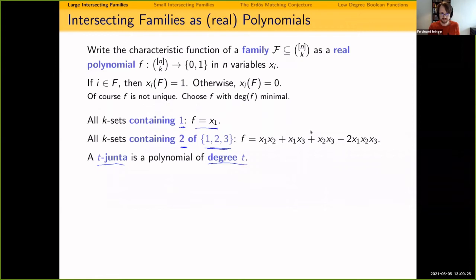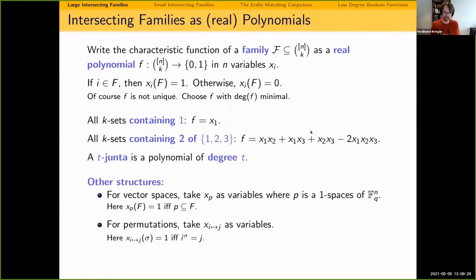Now, we can do the same thing for my other 2 examples. For vector spaces, instead of taking the elements 1, 2, and so on up to n, we can take our one-dimensional subspaces as variables, and we can write any family of k-spaces by using these.